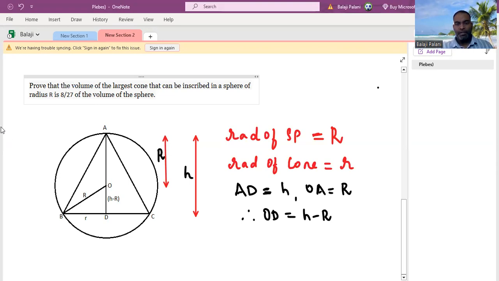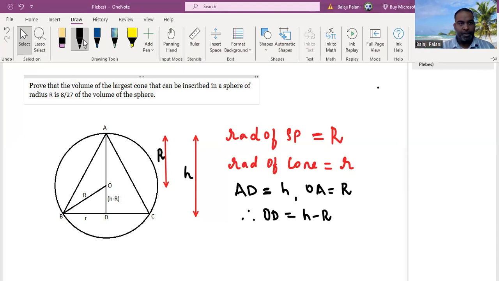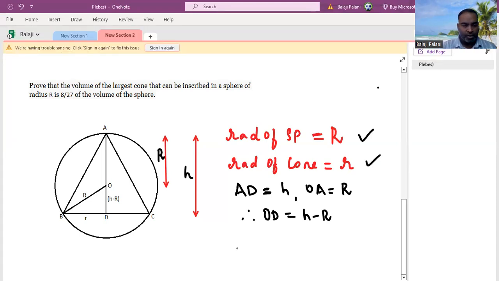So I've taken the data here. Radius of the sphere is marked as capital R, that is given in the question, and radius of the cone is small r, and I got a right triangle here from the diagram. So OBD is the right triangle, right angled at D. Therefore, we could form the Pythagoras theorem from the small right triangle present here.